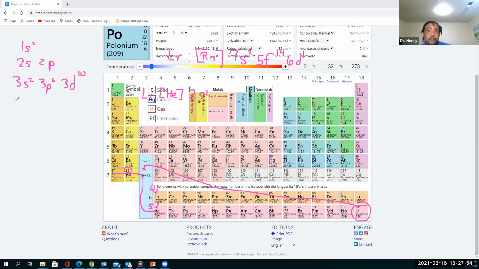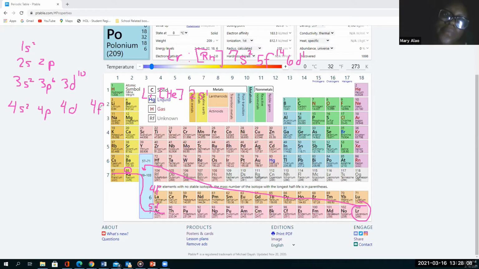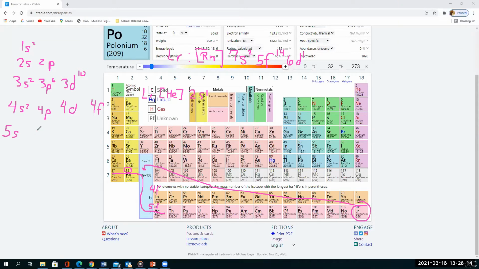Then for the fourth level, we have a 4s, 4p, 4d, and 4f. And for the fifth, we have 5s.